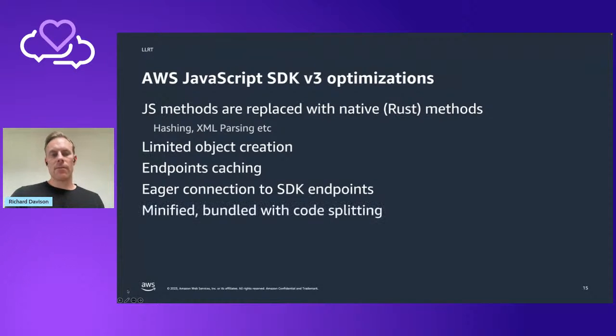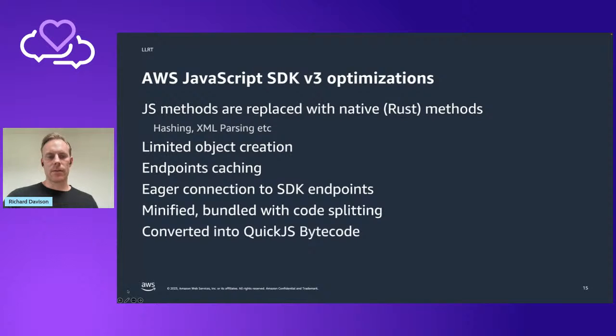And we also have minified, bundled, and code-split the entire SDK. So parts of the SDK are reused, and they are minified and bundled to reduce the code size of the SDK. And finally, it's converted into QuickJS bytecode. That means that I can avoid a parsing phase.